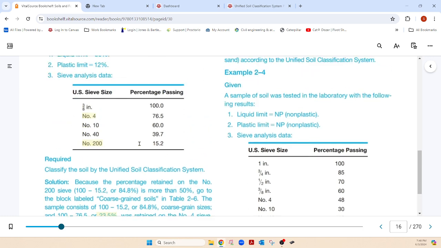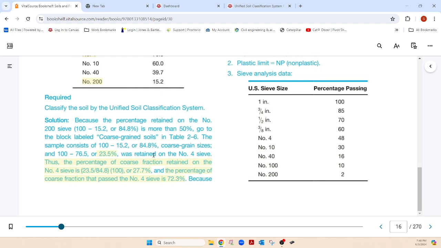This is the percent passing. If you want the percentage retained, subtract 15.2 from 100. So that gave us 84.8% coarse grain sizes.